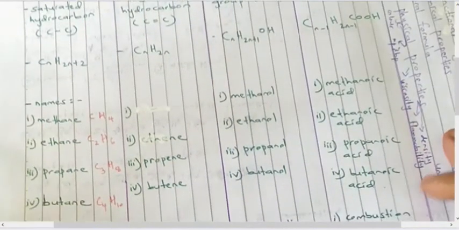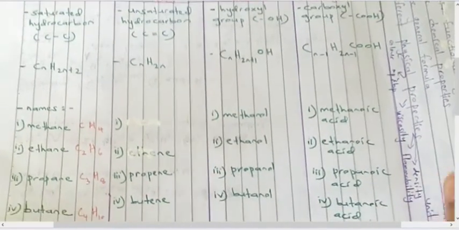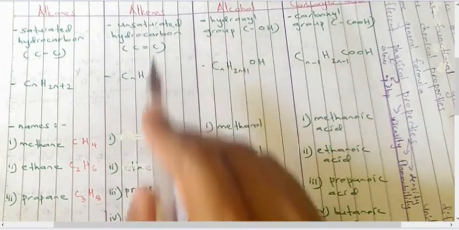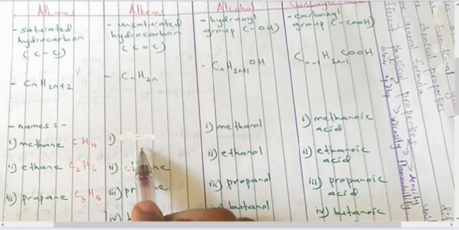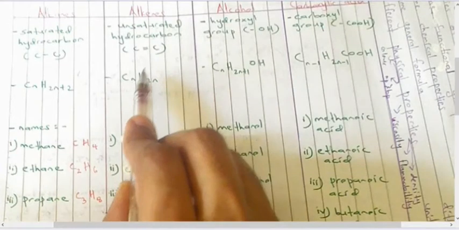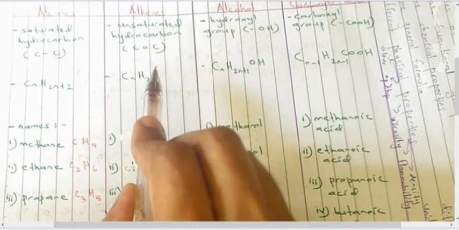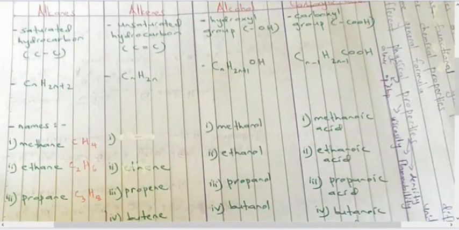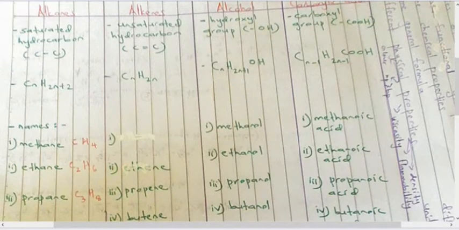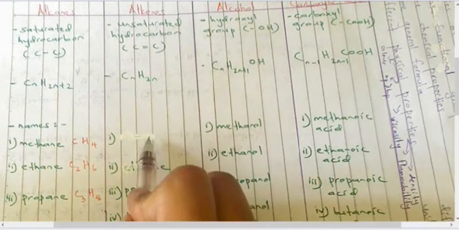Similarly, for the next one, alkene, you have to start with two carbons. We do not have methene because the functional group of alkene is the carbon-carbon double bond, so they cannot form a double bond if they have only one carbon. That's why I left it blank. For ethene, it's 2, so we substitute 2 as the n.